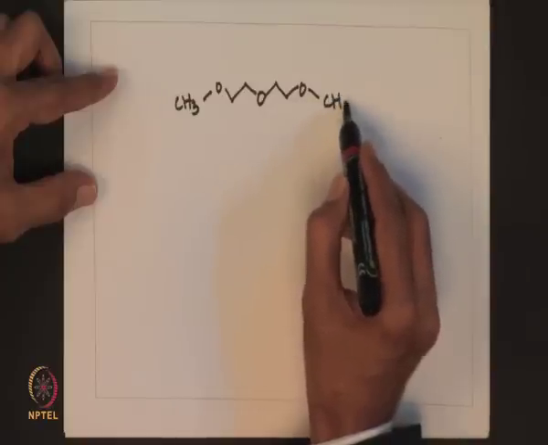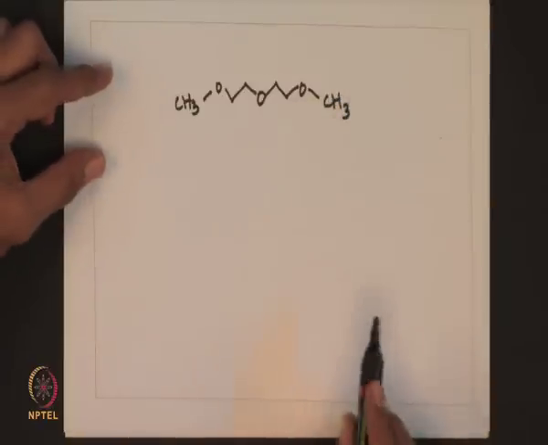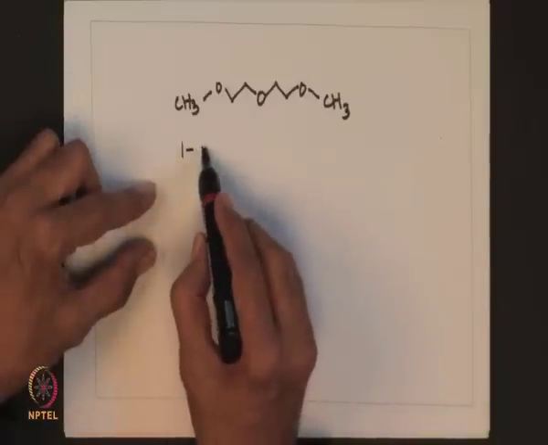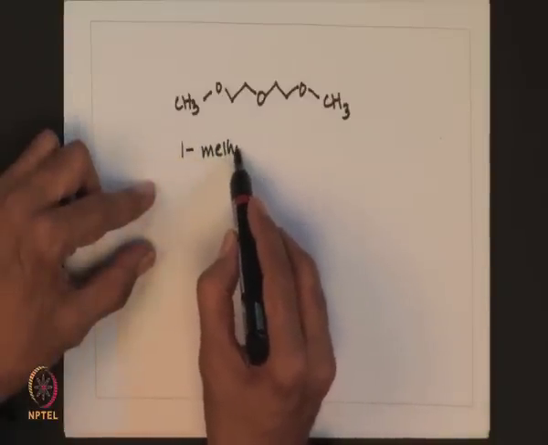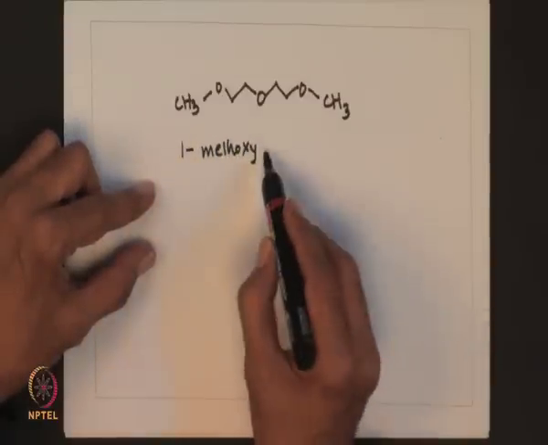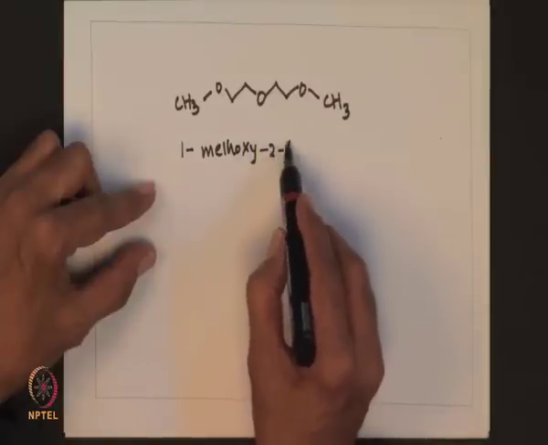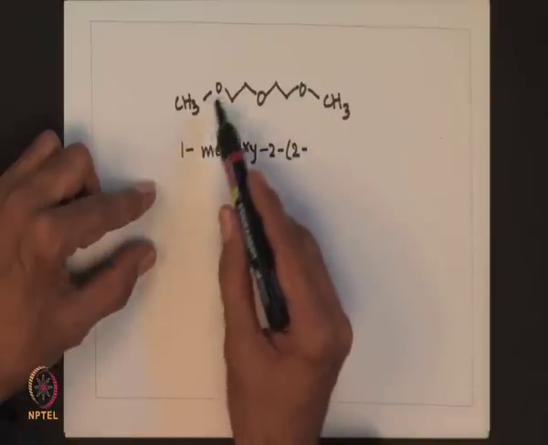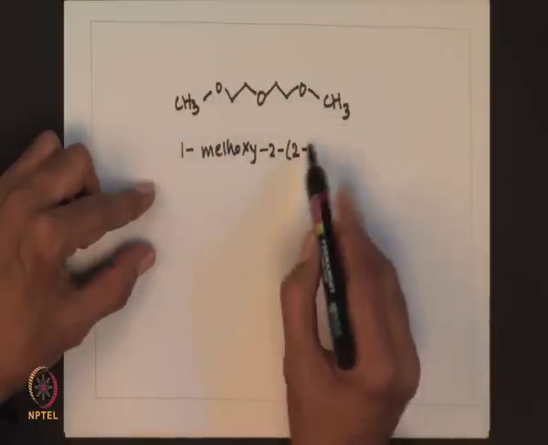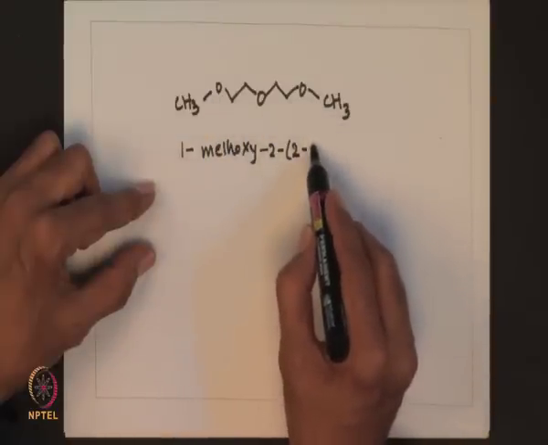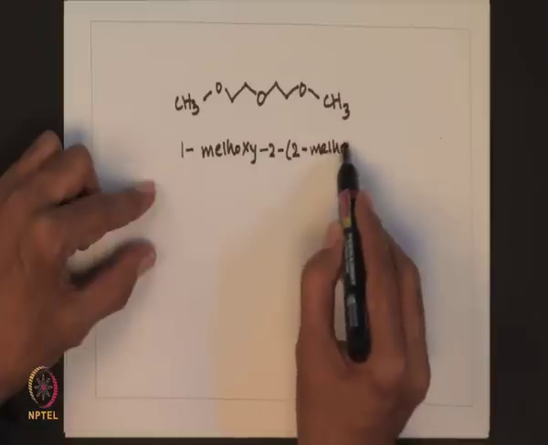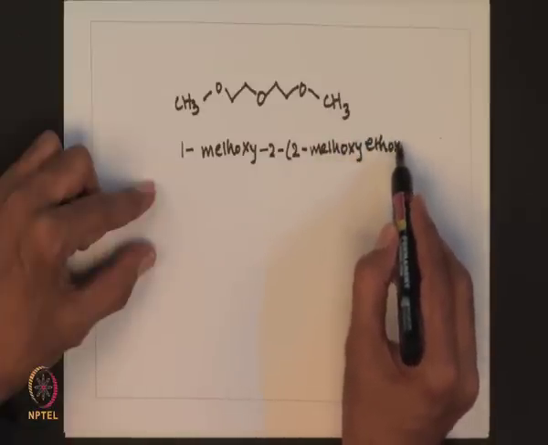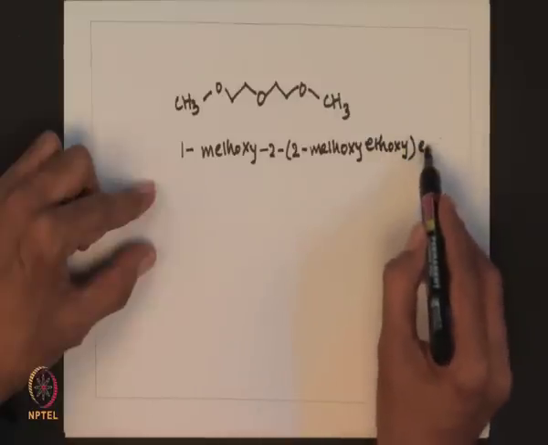It is a high boiling ether and its name is 1-methoxy-2-(2-methoxyethoxy)ethane.